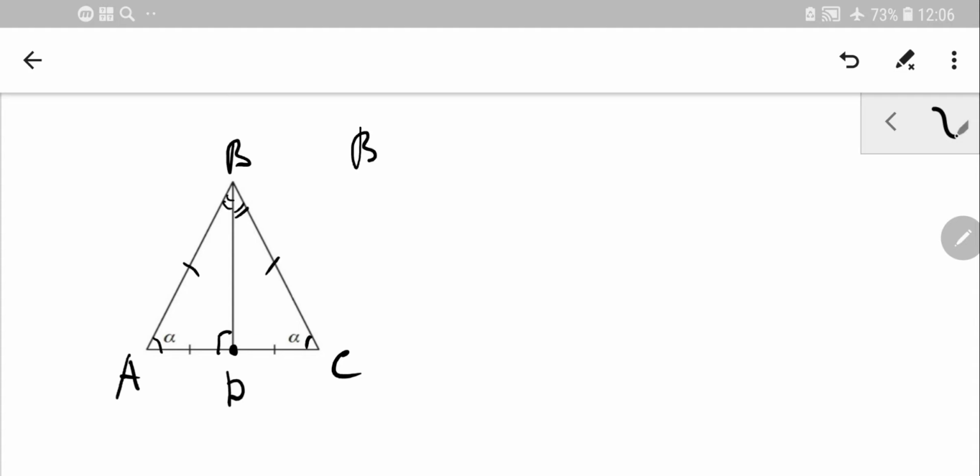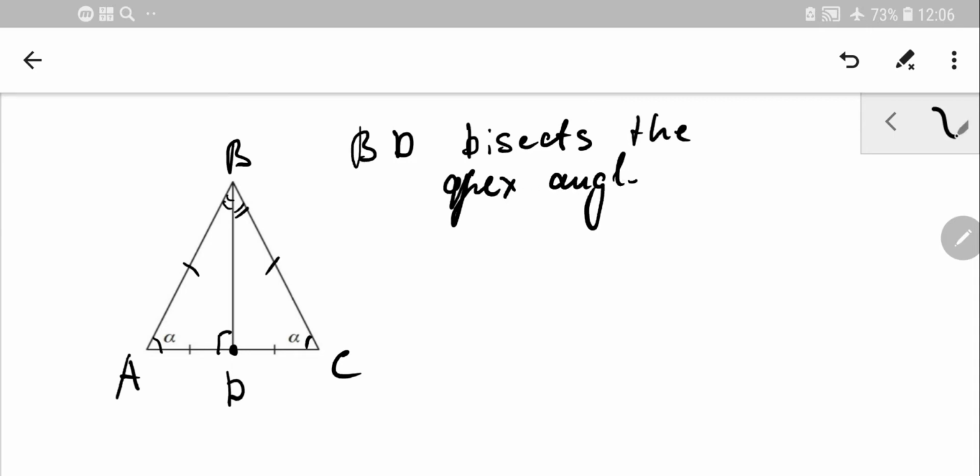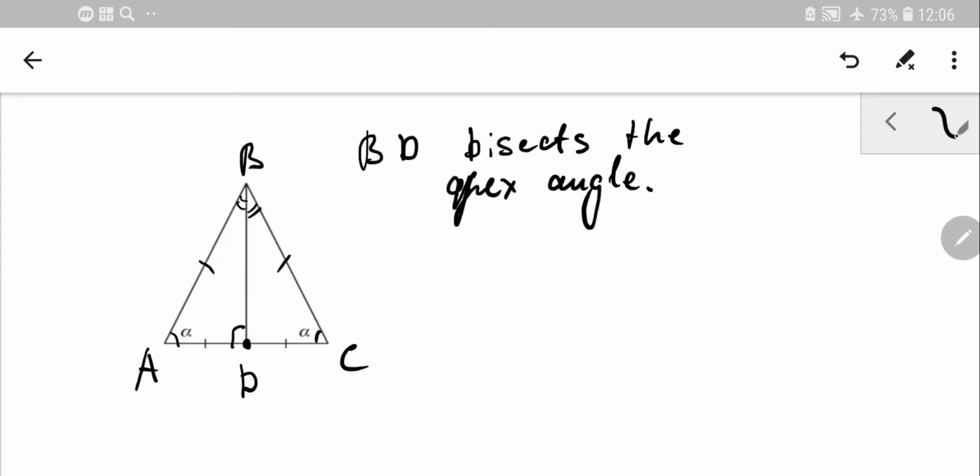Because BD in this case bisects the apex angle, the two triangles become congruent. So triangle ABD becomes the same as triangle BDC.